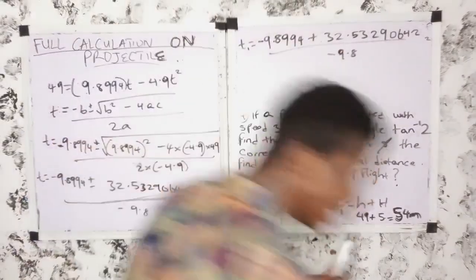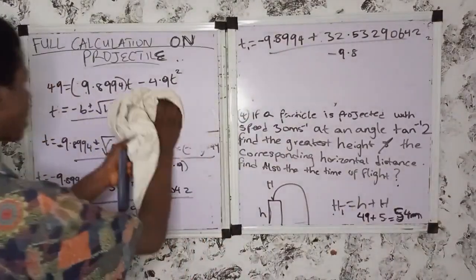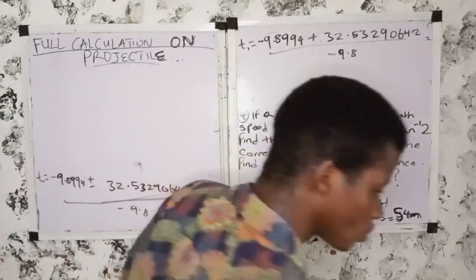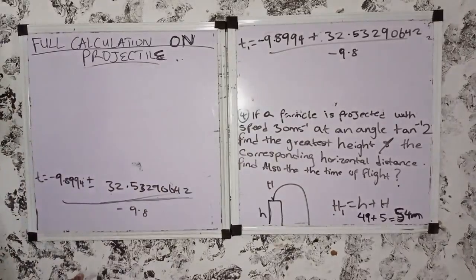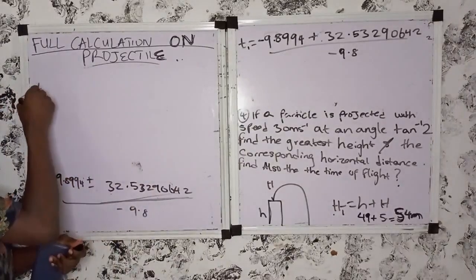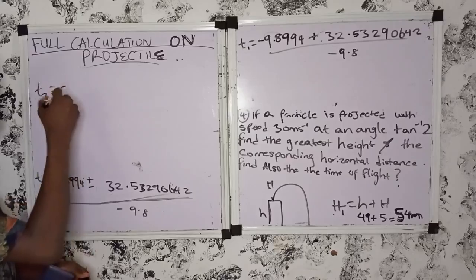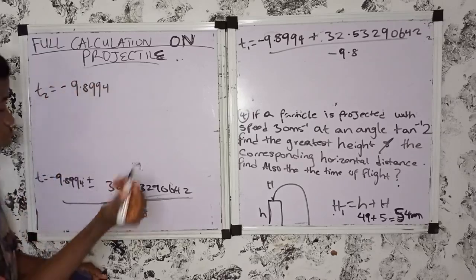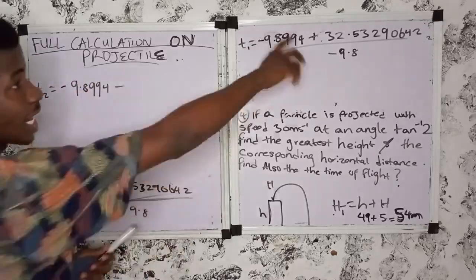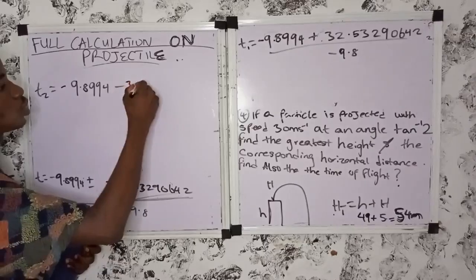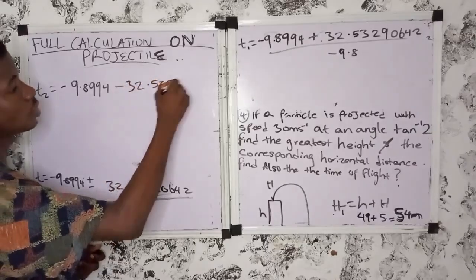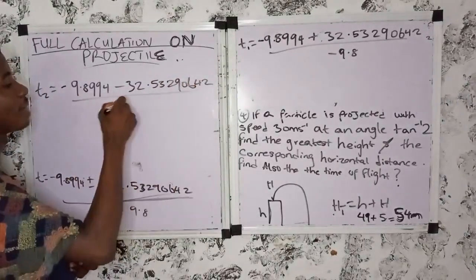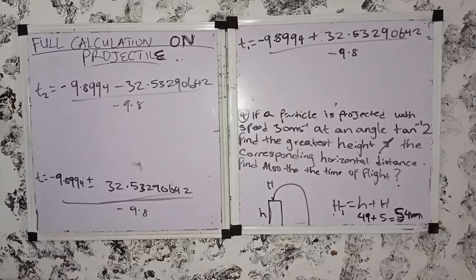Now let me write the second equation. T2 is equal to minus 9.8994. We will not use plus here, because the other one is plus, so minus 32.53290642, all divided by minus 9.8. So these are our t1 and t2.